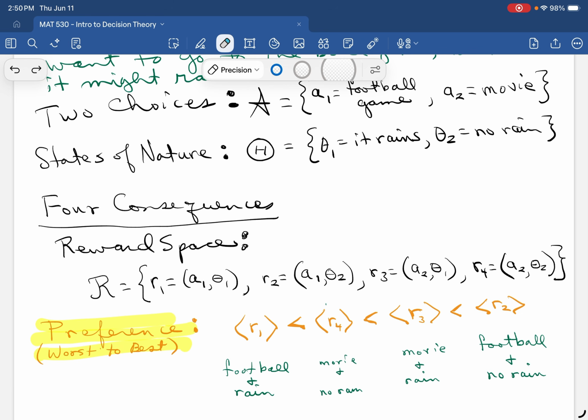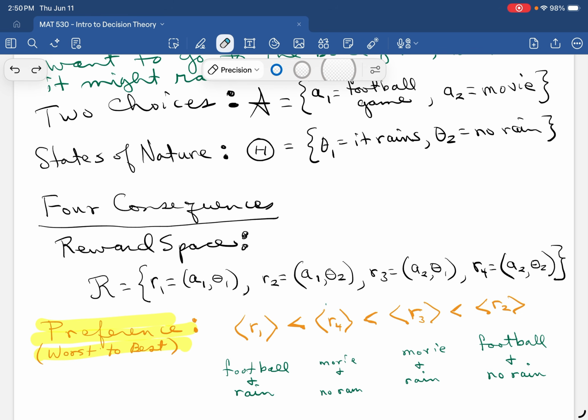And so there's 4 possibilities and 4 consequences, or 4 rewards. And I would encourage you to write down what each one is. Okay, so R1 is the situation where we go to the football game and it rains.